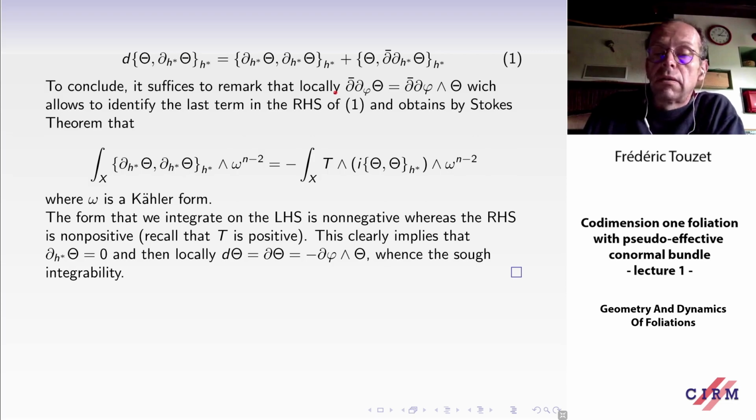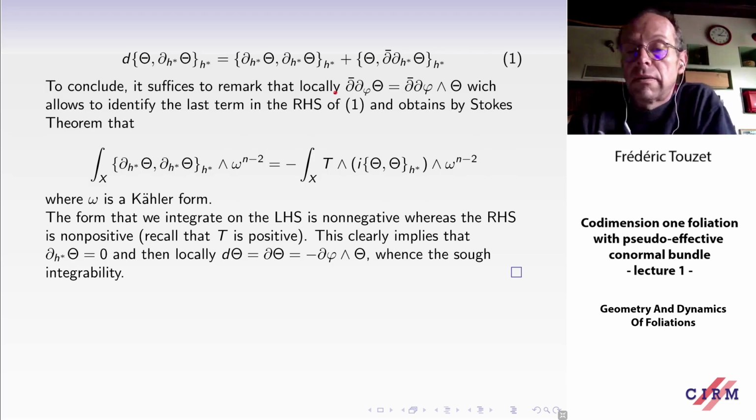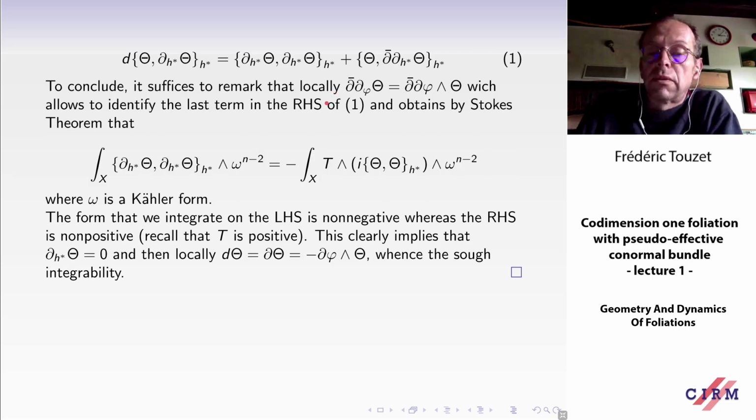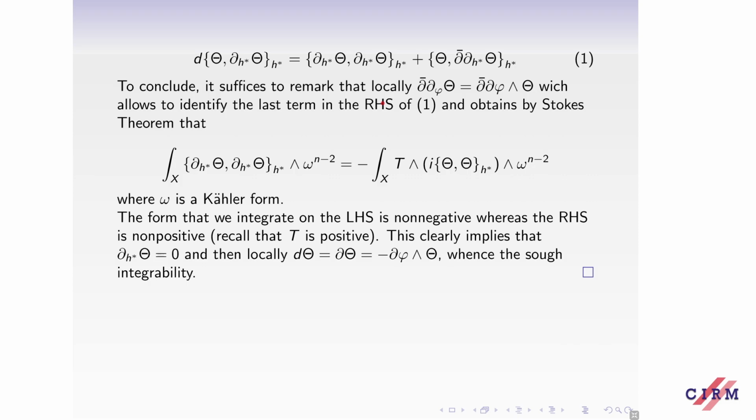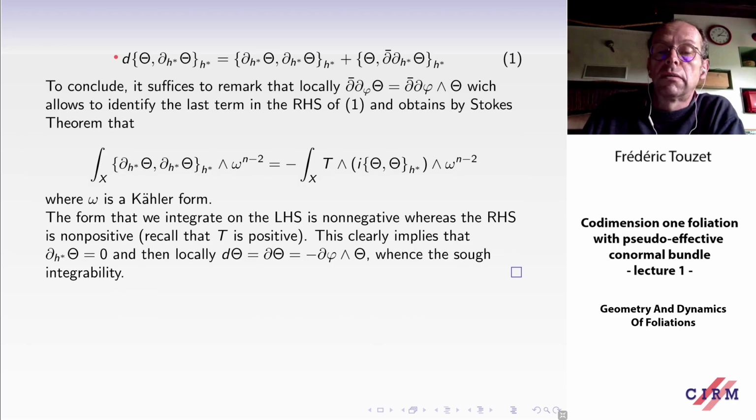And one can easily make these terms explicit, and if one combines this with the use of Stokes theorem, namely that the integral of this term wedge omega to the power n minus 2, omega being a Kähler form, is equal to 0, we get the following identity.